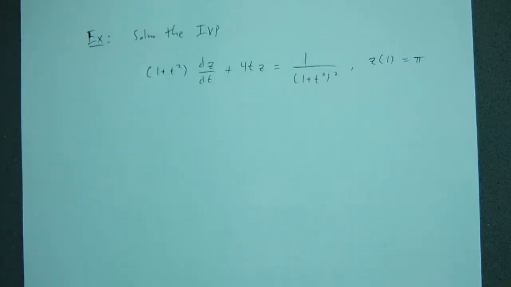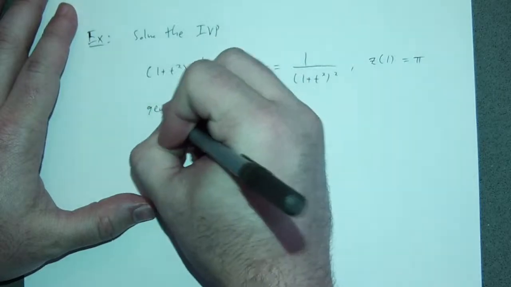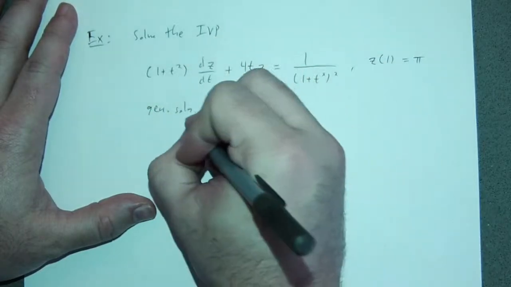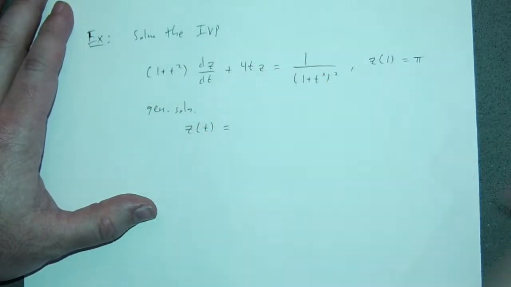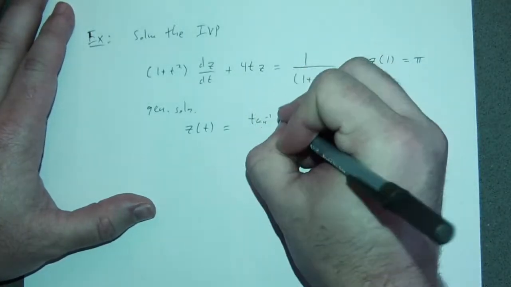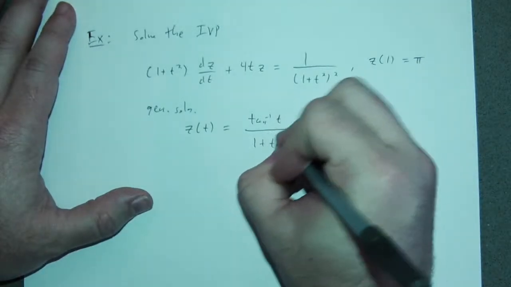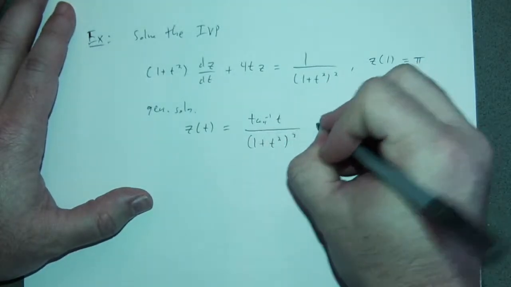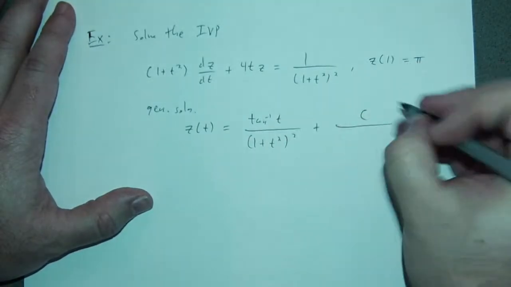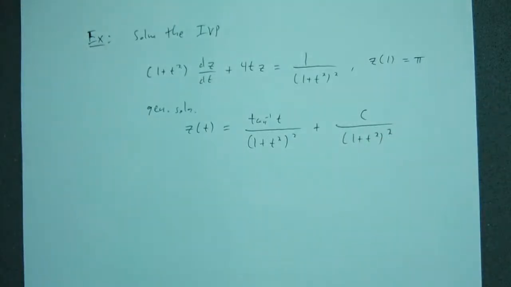Okay. So we already found the general solution to this thing. The general solution was z(t) = arctan(t)/(1 + t^2)^2 + c/(1 + t^2)^2.